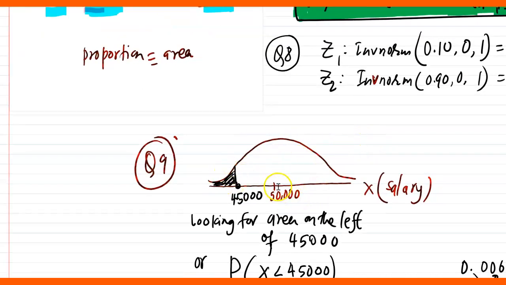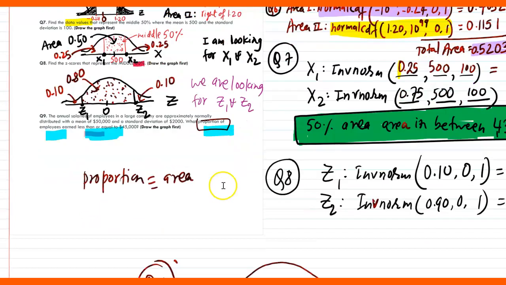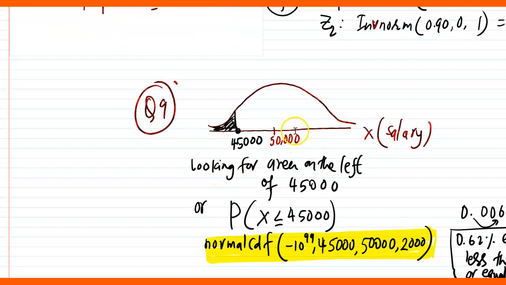This is the mean, in the middle, 50,000, and the standard deviation of 2,000. I didn't put 52,000 here or 48,000 here, but I could put this number as 52,000 and this number as 48,000, but I don't have to do that necessarily.